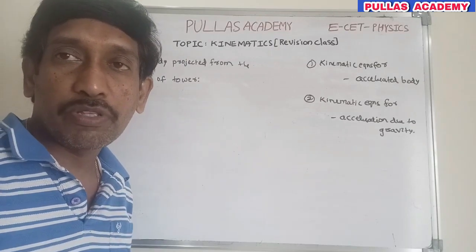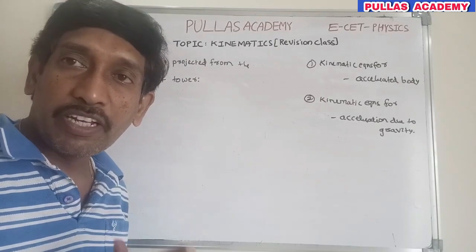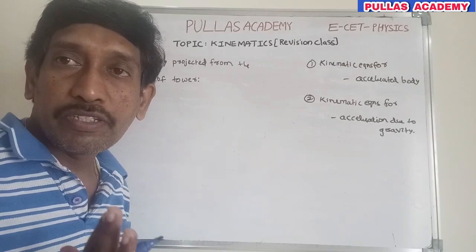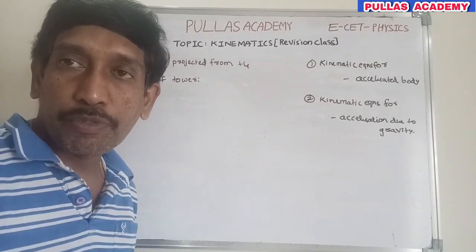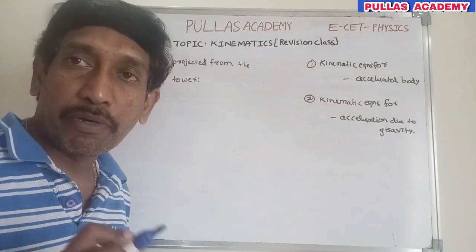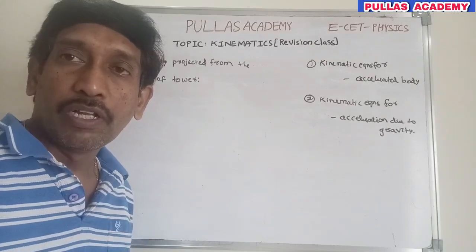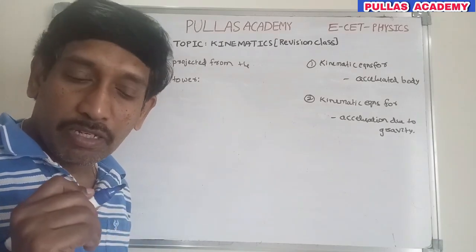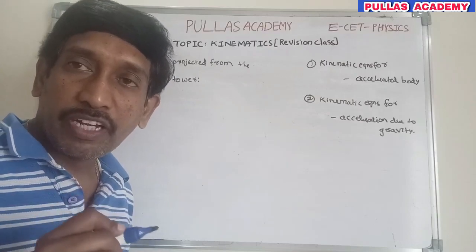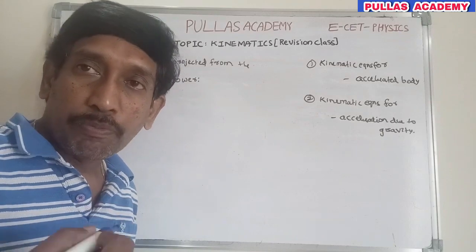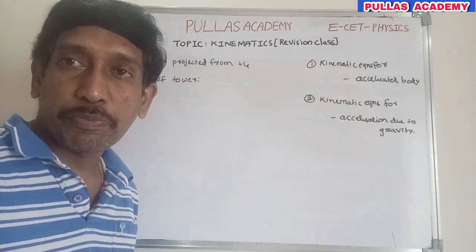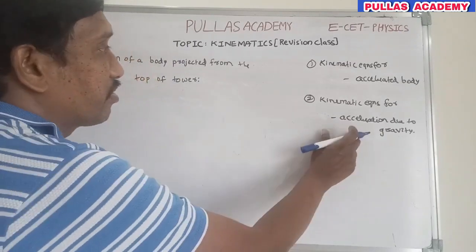Just substitute the values and you get them. Important parameters here: what is the expression for maximum height of an upwards projected body? Time of ascent, time of descent, time of flight. Next, what is the striking velocity of the freely falling body, or the initial velocity of the upwards projected body? Those are the important topics in these two concepts.